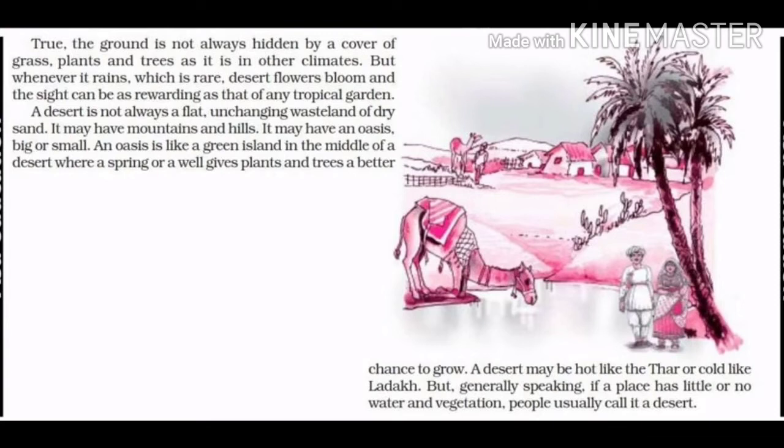He means that it is not always true that a desert is only dry throughout the year. It's wrong. Some deserts may be very hot like Thar, and some deserts may have vegetation or cold conditions like in Ladakh also.